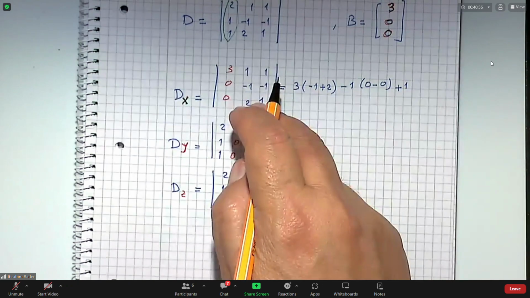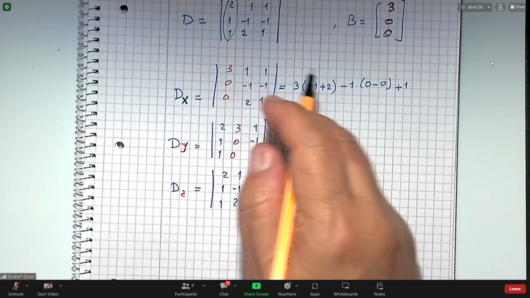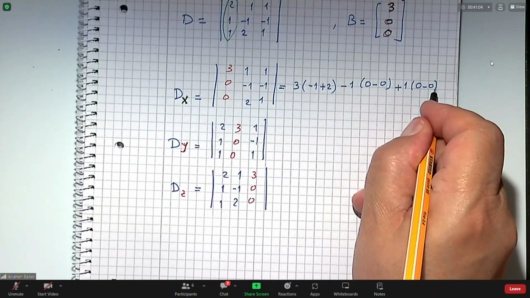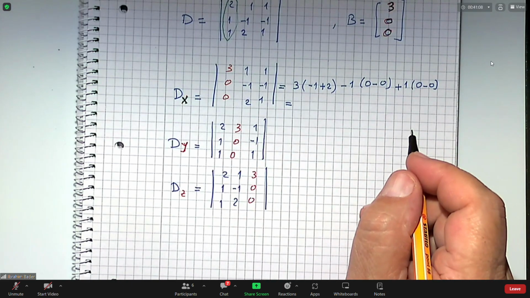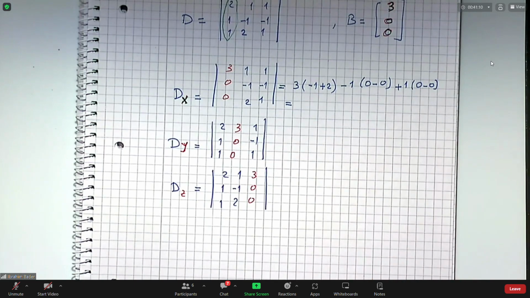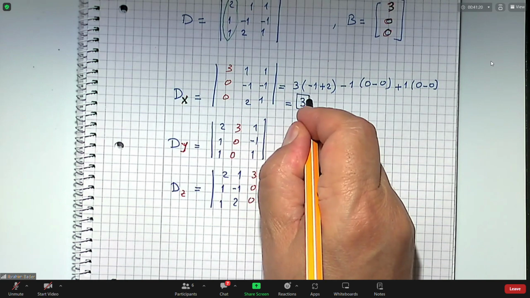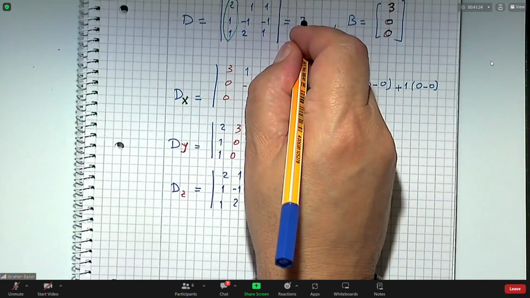If I cancel this one and that one, 0 times 2 is 0, 0 times negative 1 is 0. So here I have 3 times negative 1 plus 1. So it's 3 times 1, which is 3. So this one we evaluated as 3.